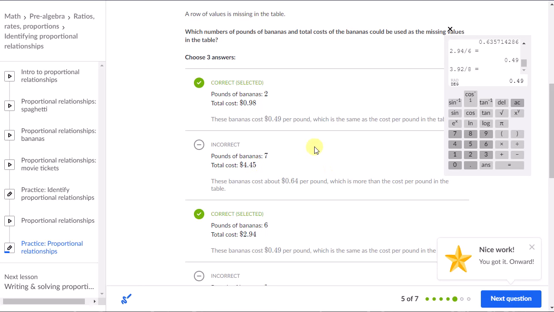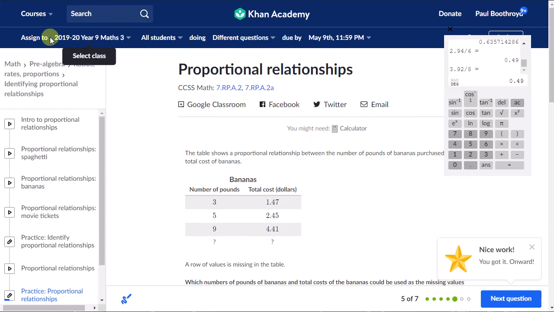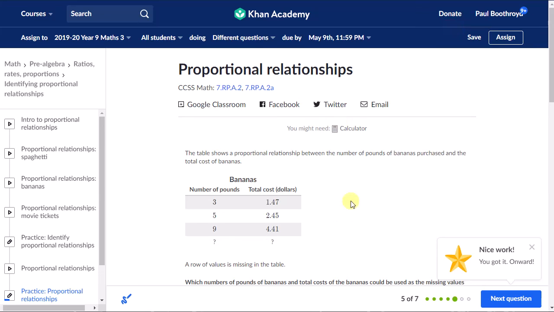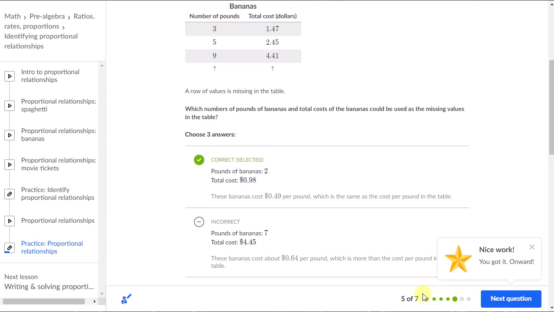If you've logged in to this, you should find it as an assignment in your tasks, and it will actually record your score as well, but please send me a screenshot. So when you've done your 7 questions, screenshot it and attach it to your submission. Right, good luck with that, and we'll be combining these ideas together in the next few lessons.